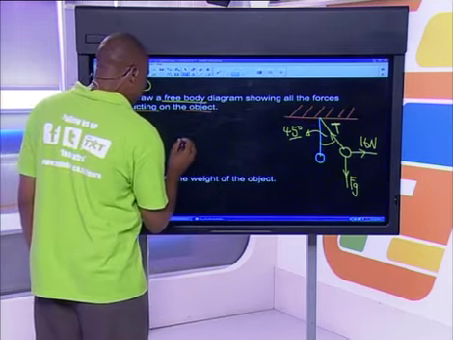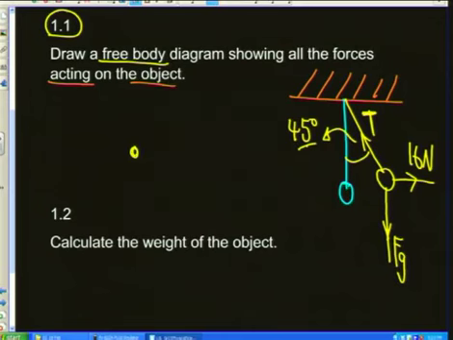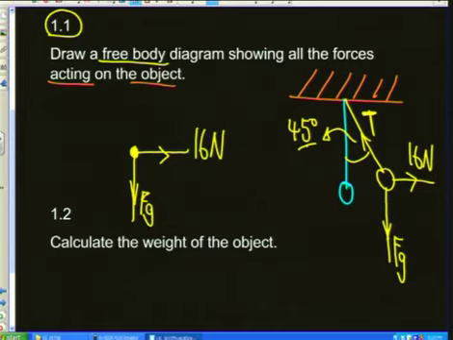Now let's have a look at this one here. It's a free body diagram, therefore I'm expected to represent the object by simply putting a dot. Now, I can fail to show every other force, but I must at least know that there is always weight, the gravitational force, Fg there. And there is the force with which this man is pulling the object here, and this is 16 newtons. Just doing that, it's labeling enough.